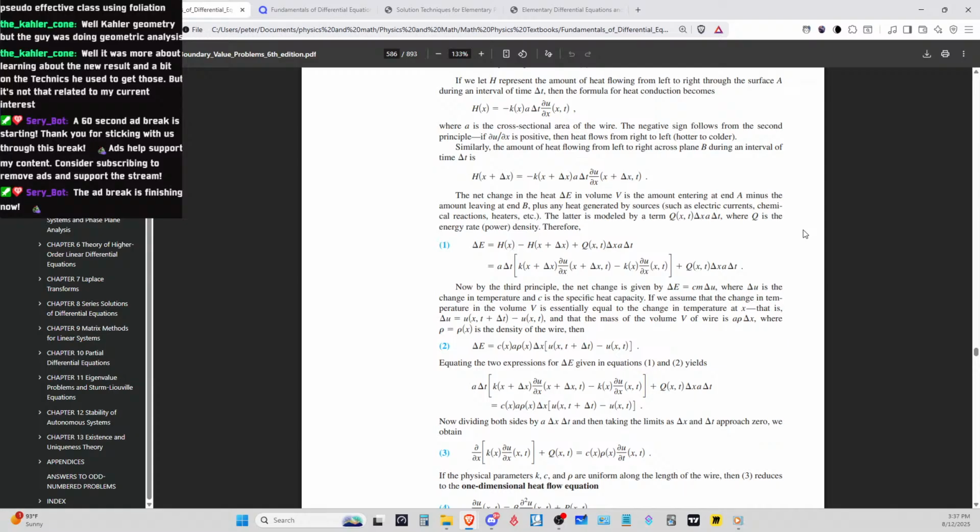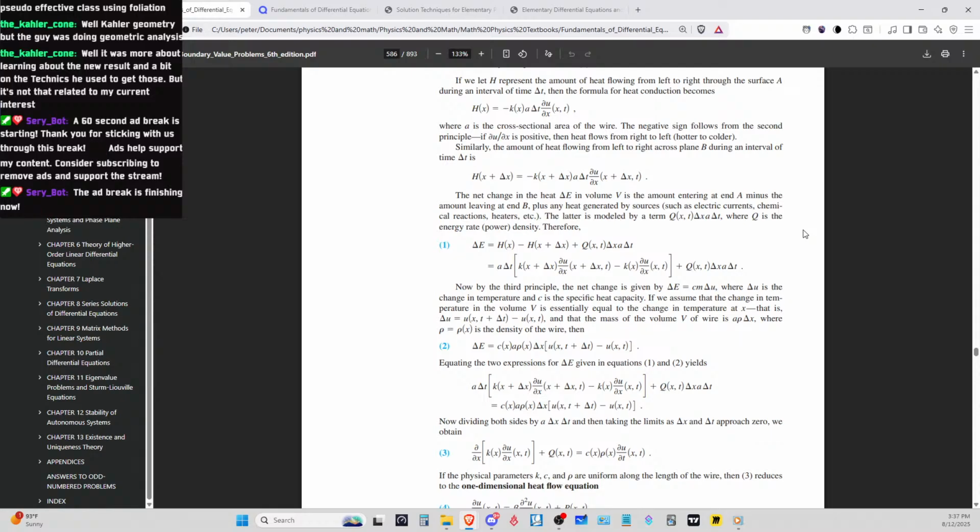If you assume that the change in temperature in the volume is essentially equal to the change in the temperature at x, that is delta U is equal to U(x, t + delta T) minus U(x, t), and that the mass of the volume V of the wire is A rho delta X, where rho is the density of the wire. Dang, that's a huge amount.